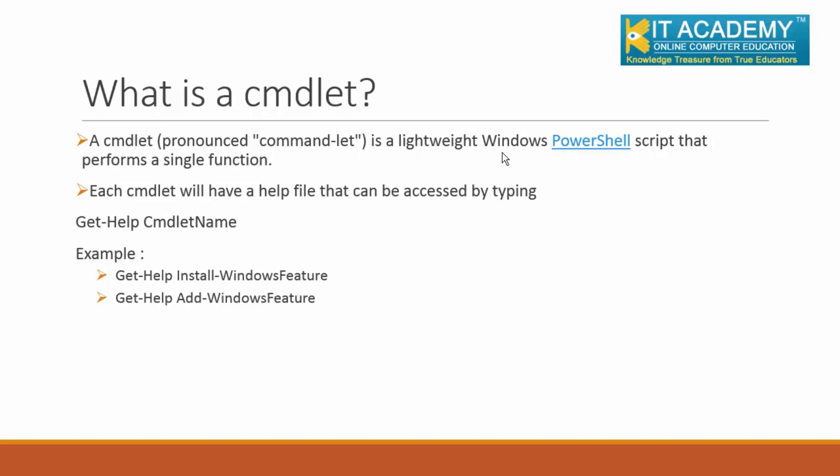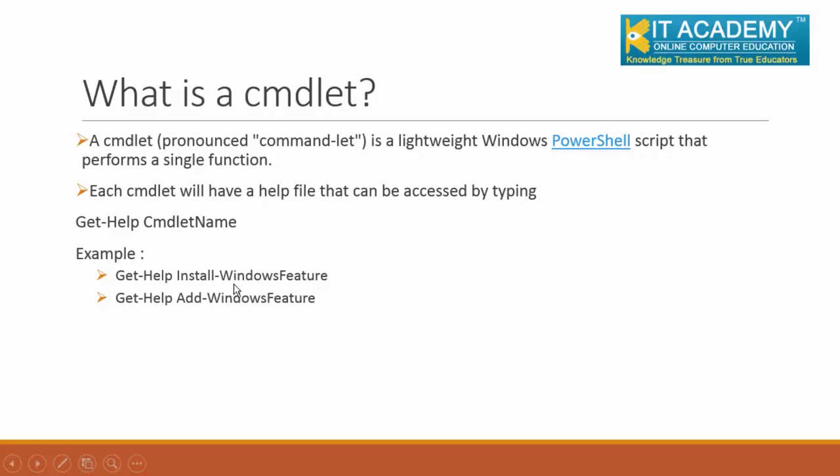So if you're not sure how to execute a specific cmdlet, you can use a command like Get-Help followed by the cmdlet name. For example, the Server Manager module gives me two different cmdlets, Install-WindowsFeature and Add-WindowsFeature.